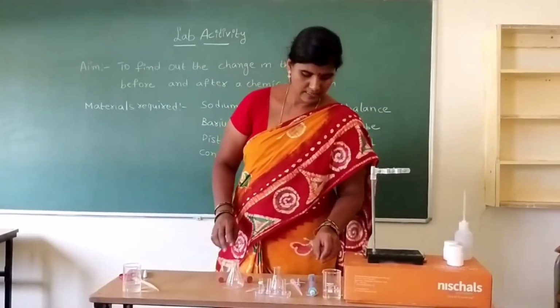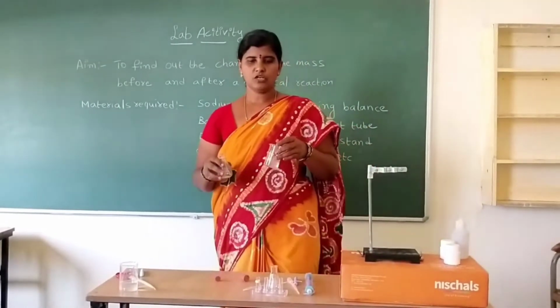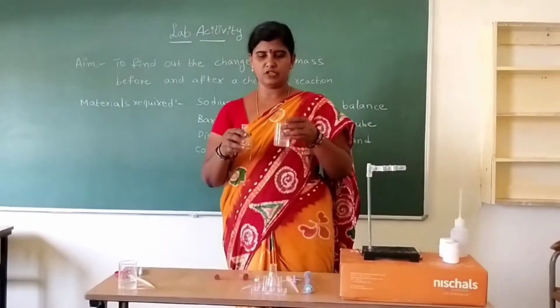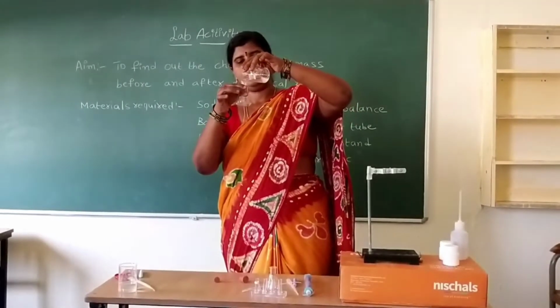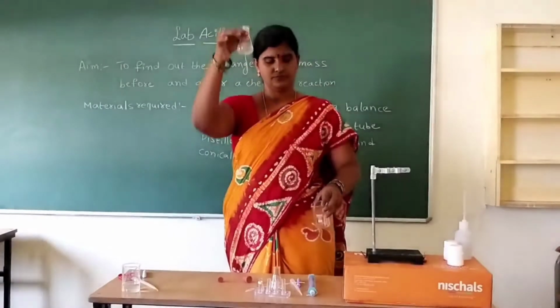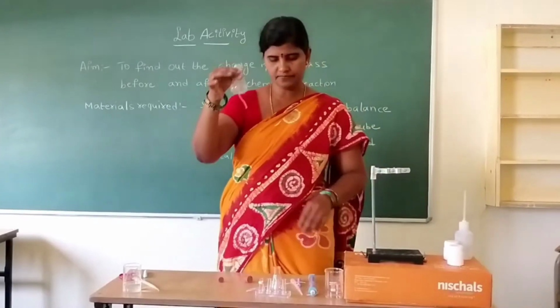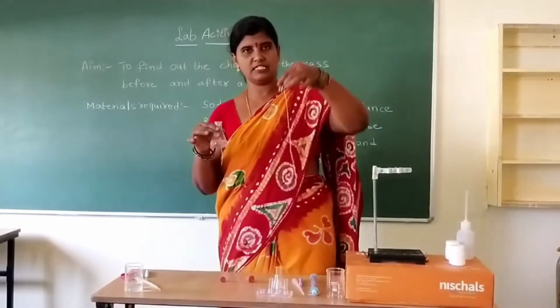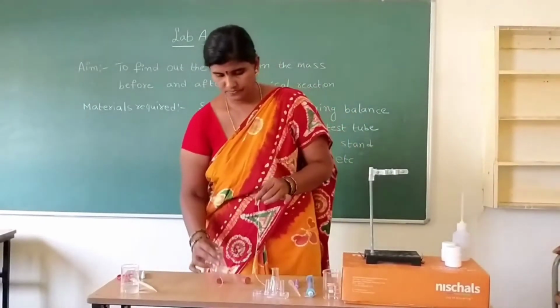Then hang the test tube. After hanging, take the sodium sulfate solution carefully. So we are taking the sodium sulfate solution. This is one item and this is another item. This is barium chloride and this is sodium sulfate.